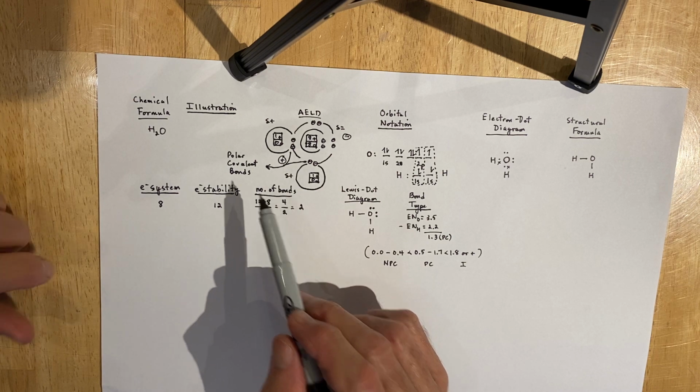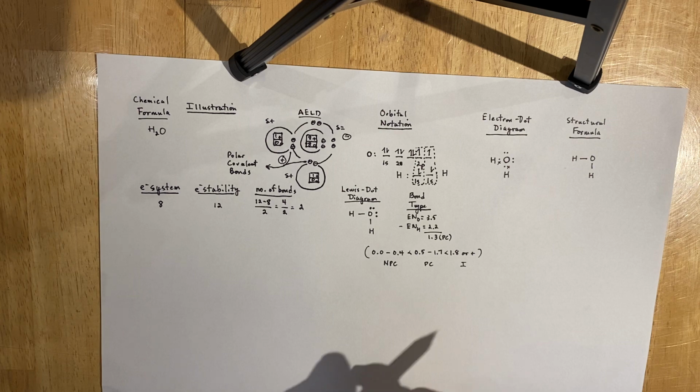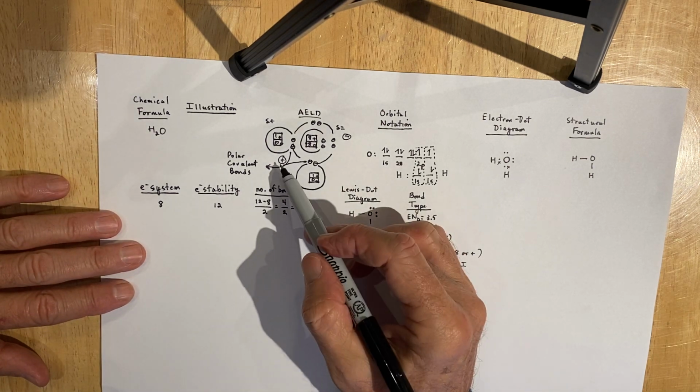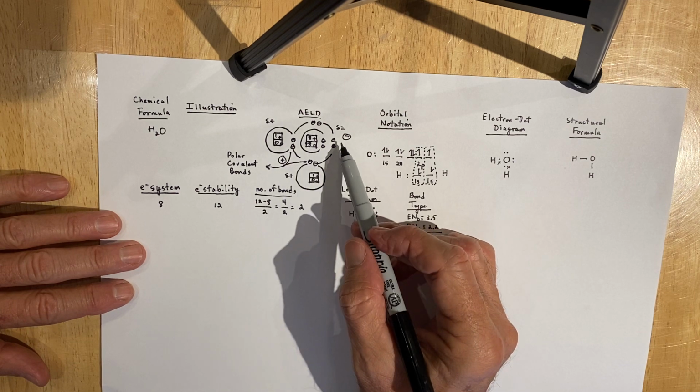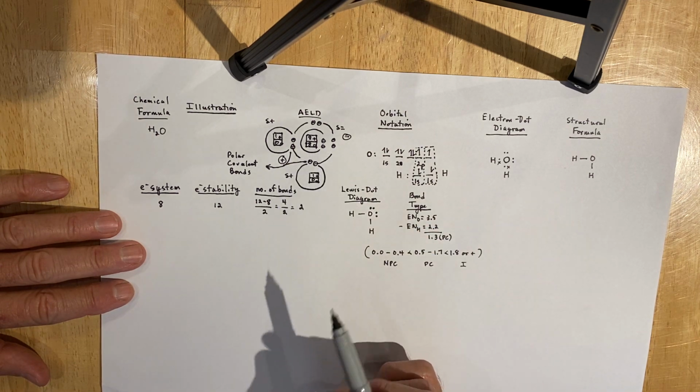And so therefore we say water is a, quote, polar molecule because a dipole is created with two oppositely charged regions of the water molecule.